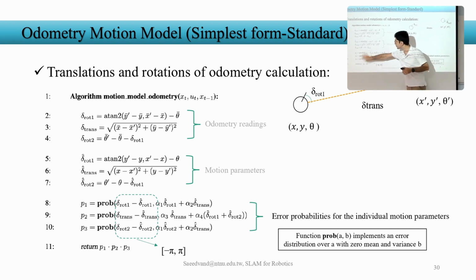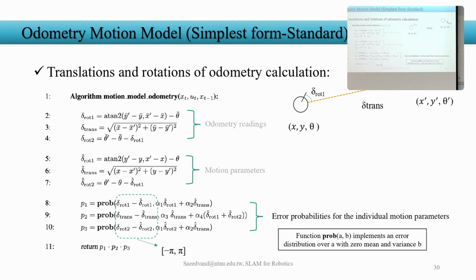Then merge these together with the odometry reading over there, and finally merge all together and return the P1, P2, P3, which are multiplied by each other, and one probability can show me what the final error of the robot is after running such a trajectory.